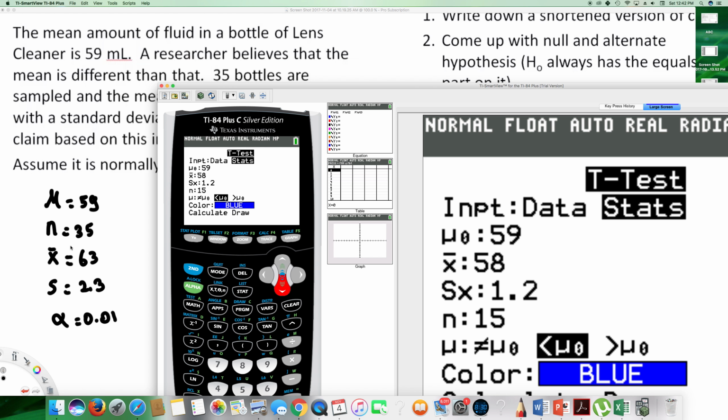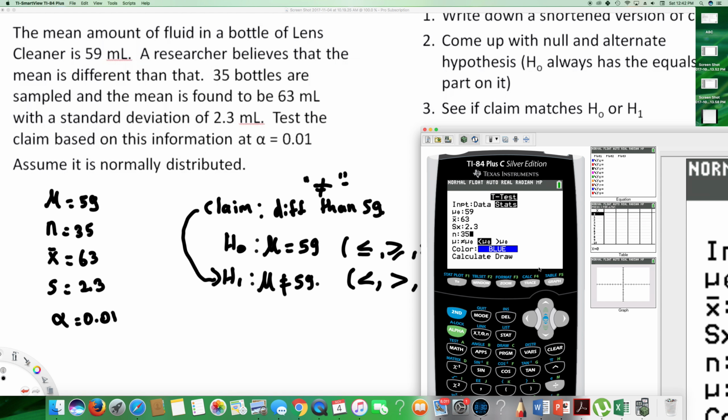Then x bar is 63, so I change this to 63. S, standard deviation, is 2.3, so I change this to 2.3. And n, the number of samples, is 35. And our claim is not equal to, so this is the first one, not equal to, and enter.